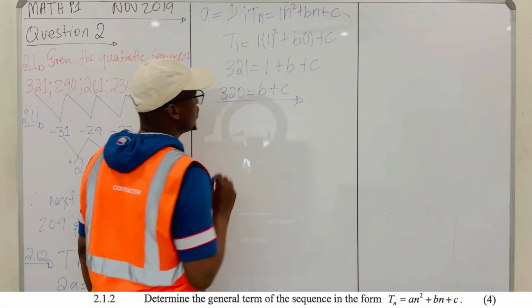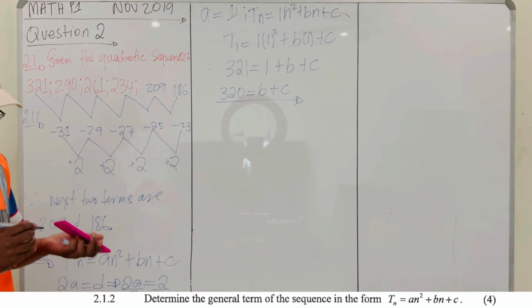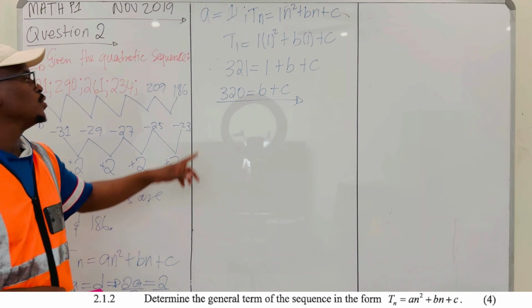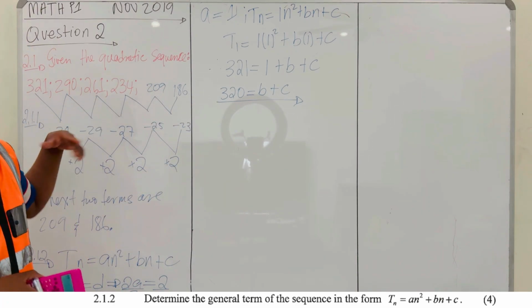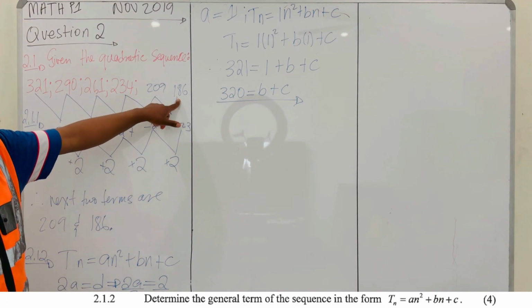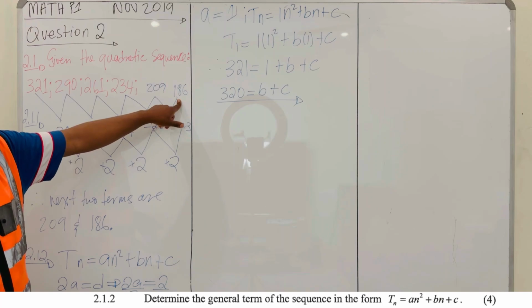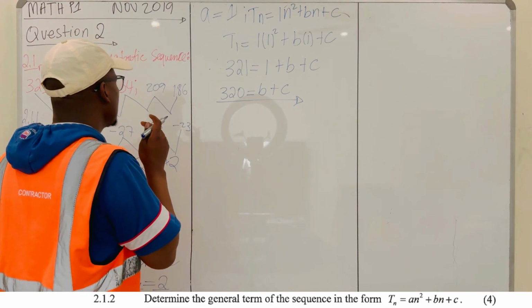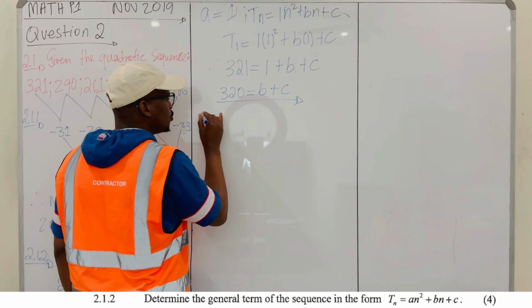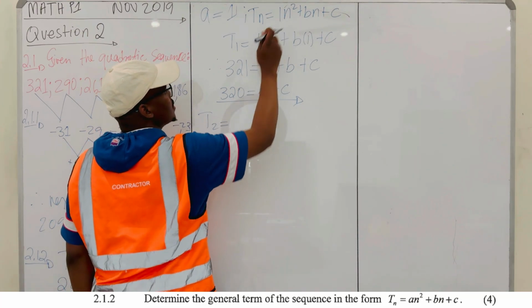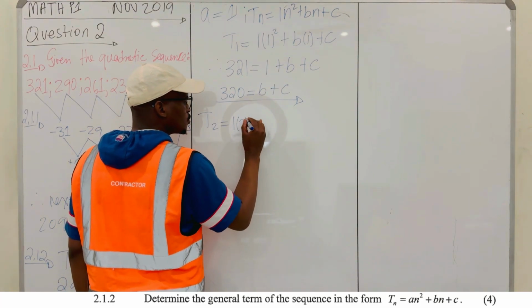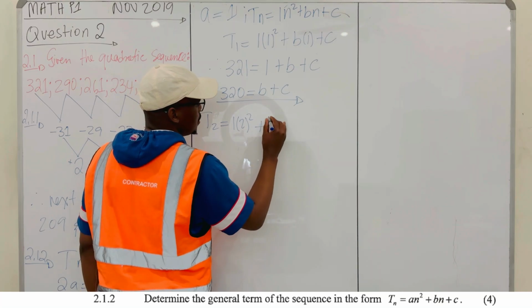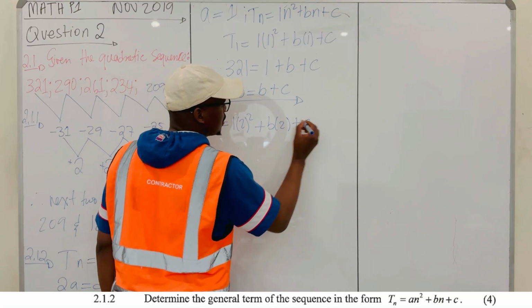So you get this equation here, which is incomplete. So go and find T2 or T3, whatever you want. It can even be T6 if you want, they all come out the same. So let's say now T2 will be equal to what? Put the 2 there: 1 times 2 squared plus b times 2 plus c.